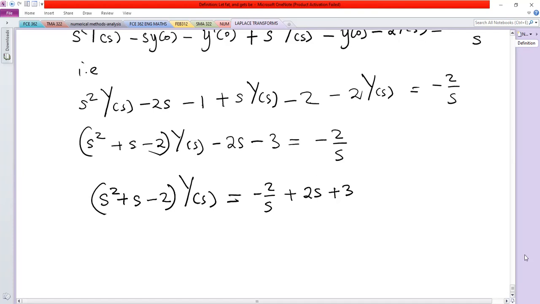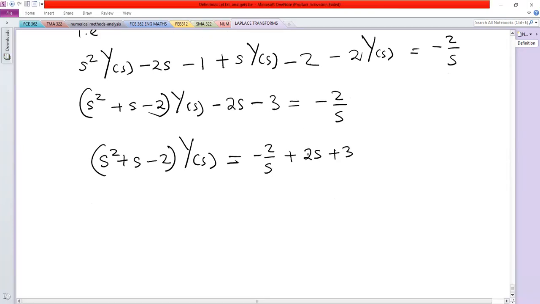And then it's always good manners to put all these terms over one LCM.